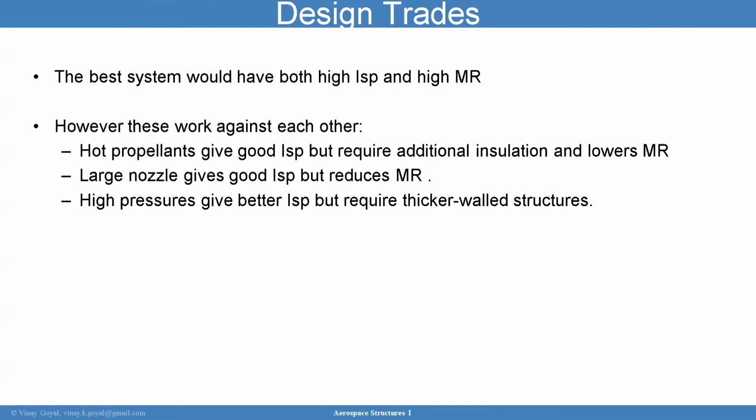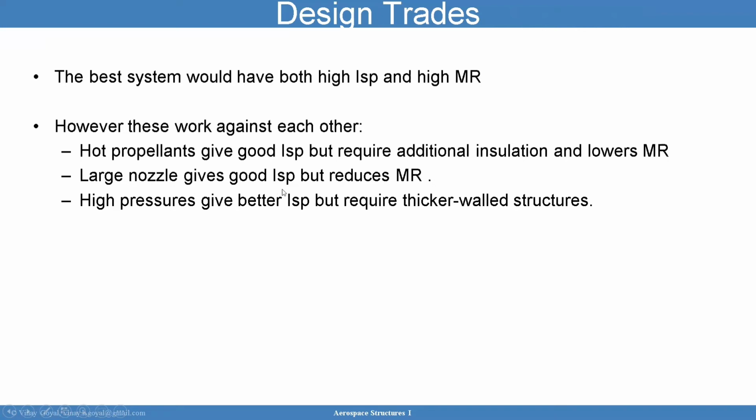There are some design traits that need to be considered. The best system will have both high ISP and high propellant mass ratio. However, think about it, they do work against each other. Hot propellant gives you good ISP, but then you require a lot more insulation, which will lower the mass propellant ratio.